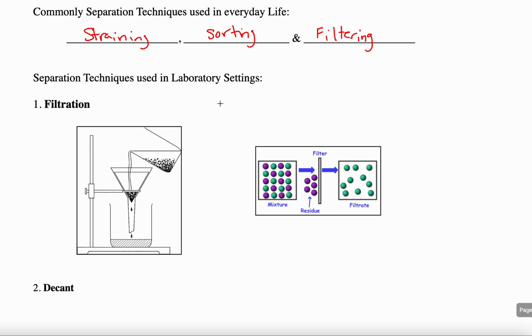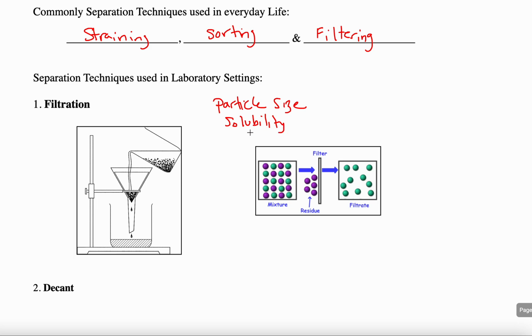So two ideas here. Number one, there is a definite difference in the particle size. So the larger particles tend to stay trapped on the filter paper, and the smaller particles pass through it. Now, the other component here that we have to think about is the solubility.